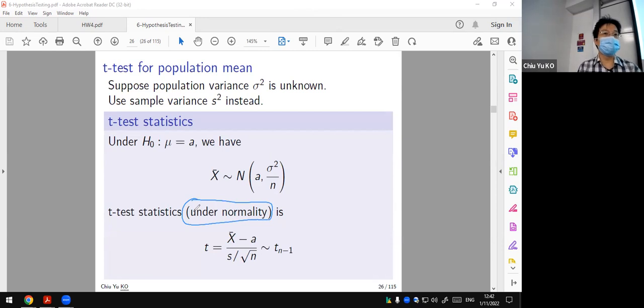The main reason is that if you know sigma square, you can rely on the central limit theorem, even without normality. But now we are unable to do that because we don't know sigma square. We have to use S square to estimate it, then we cannot use the central limit theorem, but we have to rely on normality.